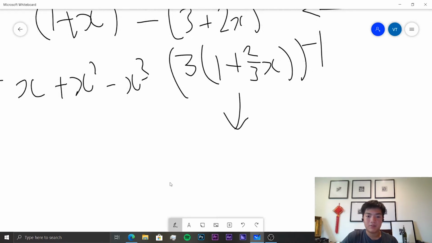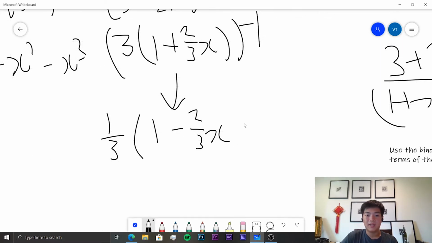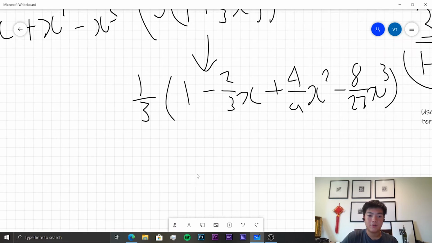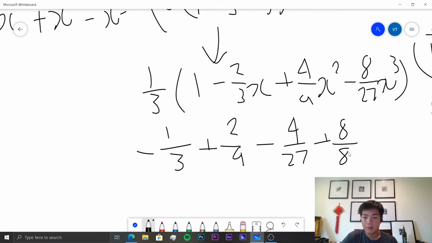So this would be 1/3 times 1 minus 2/3 x plus 4/9 x squared minus 8 over 27 x cubed. Pretty simple. So multiplying everything by 1/3, this is equal to 1/3 minus 2 over 9 x plus 4 over 27 x squared minus 8 over 81 x cubed.